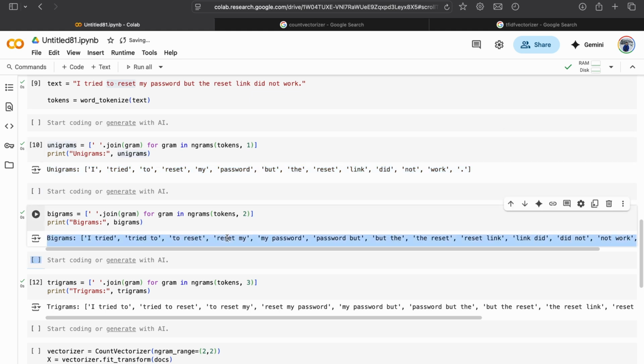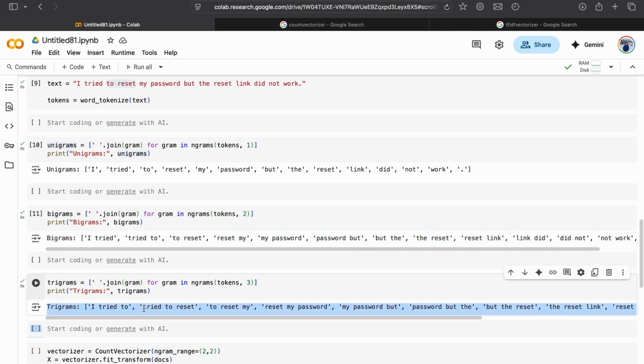And if you jumble up the bigrams, it will be slightly easier than the unigram because we have a sequence of two words. In trigram, if you jumble this up, it will be much easier to get back to the original sentence because we have lots of information present here.